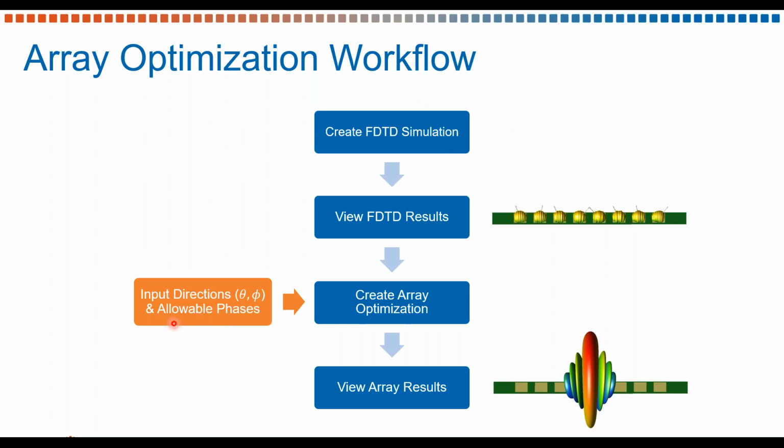You also provide a set of allowable phases for the algorithm to optimize the best of these phases to give the maximum EIRP in the direction that you are interested in. And with that, we can get in the composite results. So let us quickly look into how this can be achieved in XFdtd.